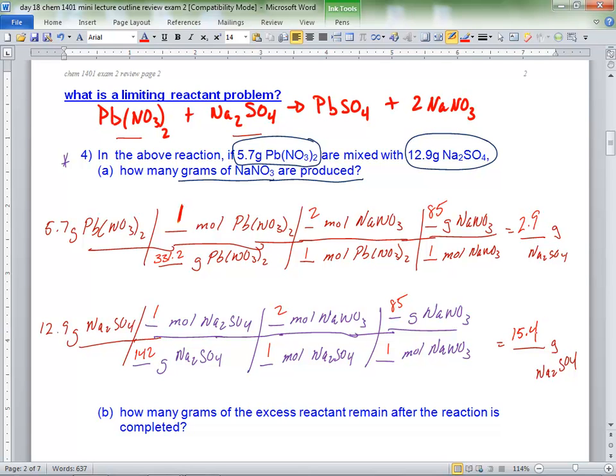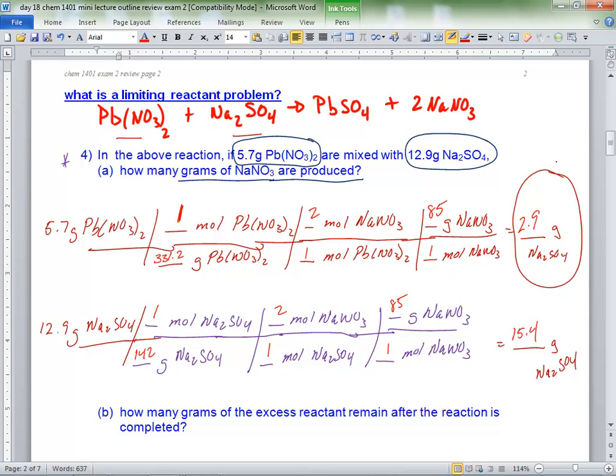Okay, so hopefully you got these 2 answers. Which one is the right one? The smaller one. Now, what are you supposed to call that smaller one? Is this the limiting reactant?